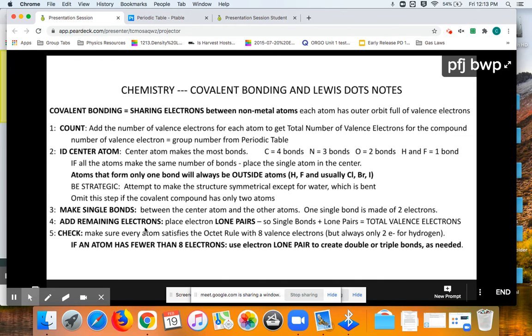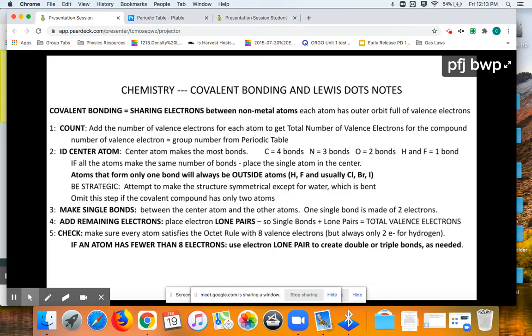And then check to make sure each atom satisfies the octet rule with 8 valence electrons. But remember, hydrogen only wants 2. It's our exception. He's the weird one. Hydrogen only wants 2. And then if an atom has fewer than 8 electrons, take a pair and make a double or triple bond instead. So this will hopefully make sense a bit more after my example, and after you practice, it'll be better.